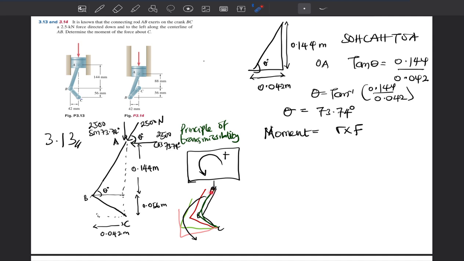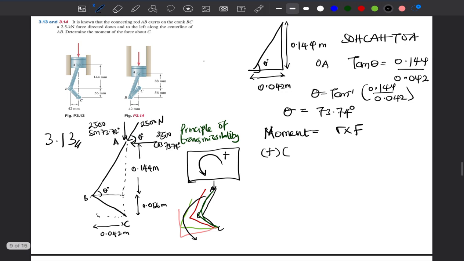So because this force is acting vertically downwards, it's going to tend to bring our body this way in an anti-clockwise position. So because it is anti-clockwise, our symbol here is going to be positive. So I'm going to write that plus.